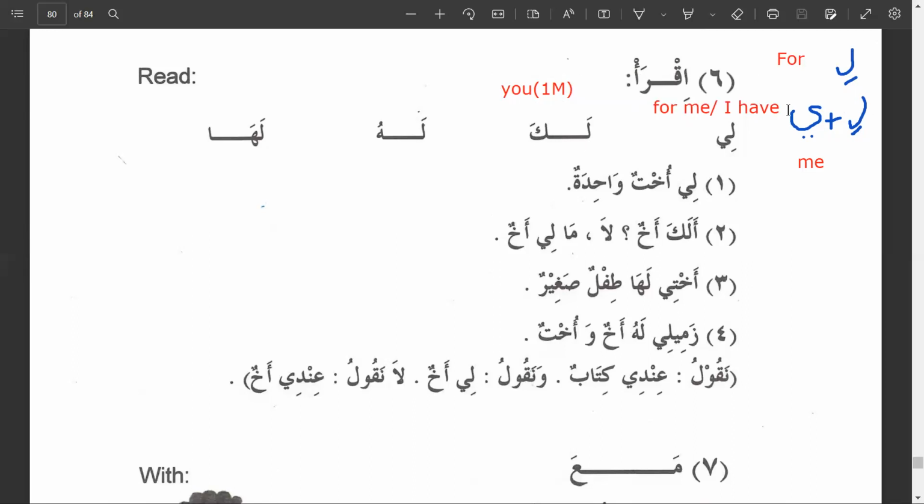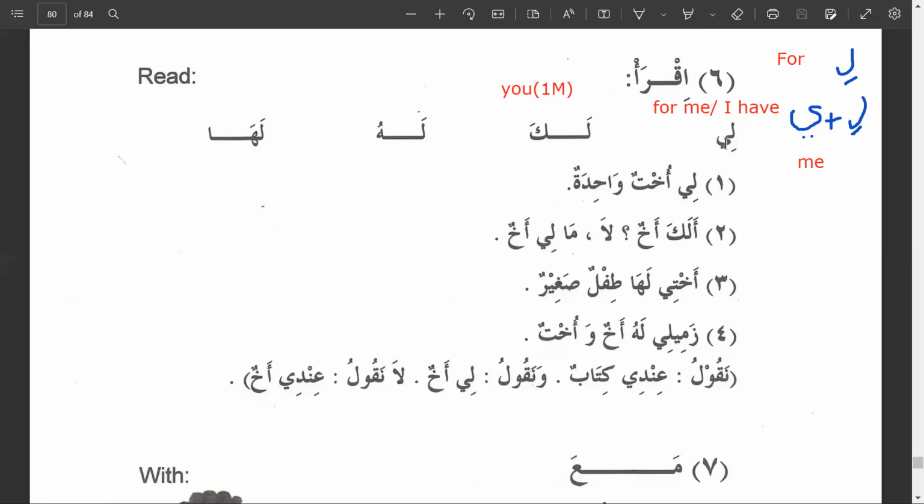this laka is actually li, but when we attach it with kaf or with ka or hu or ha, then instead of kasra, it takes fatha, right?